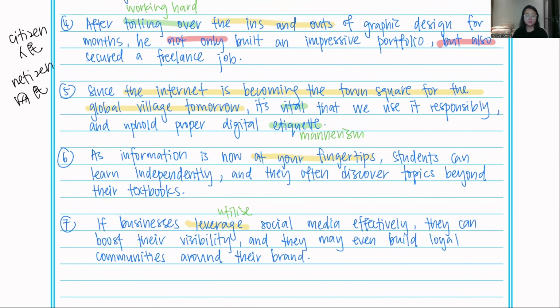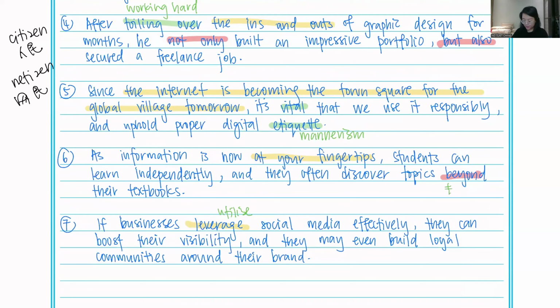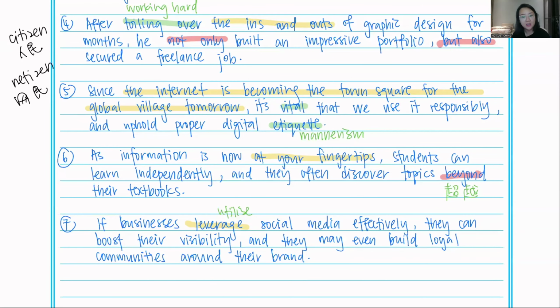As information is now at your fingertips, students can learn independently, and they often discover topics beyond their textbook. Very nice. Again, if you've been to class lately, you realize beyond 的这个单词是我最近很喜欢的，超越的意思 apart from their textbook 的意思啊。That's why 现在很多人会每次讲的，there is no reason for you to not know anything.